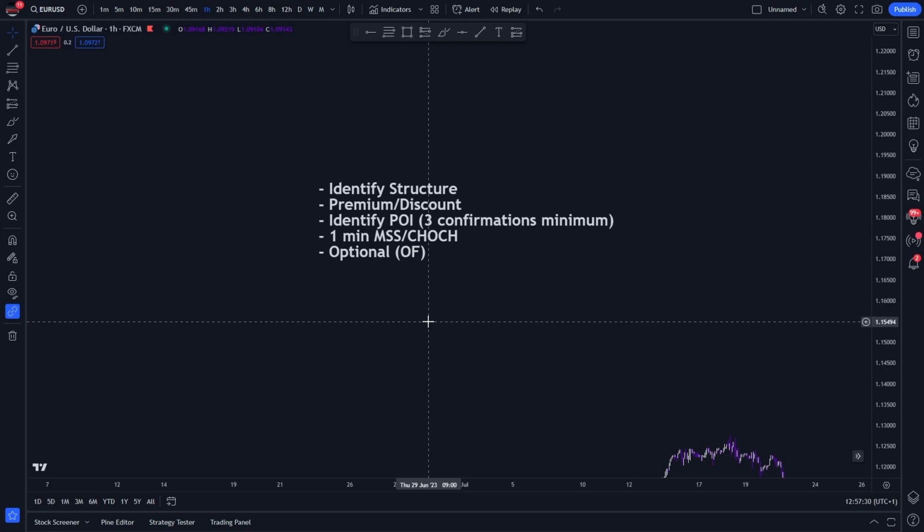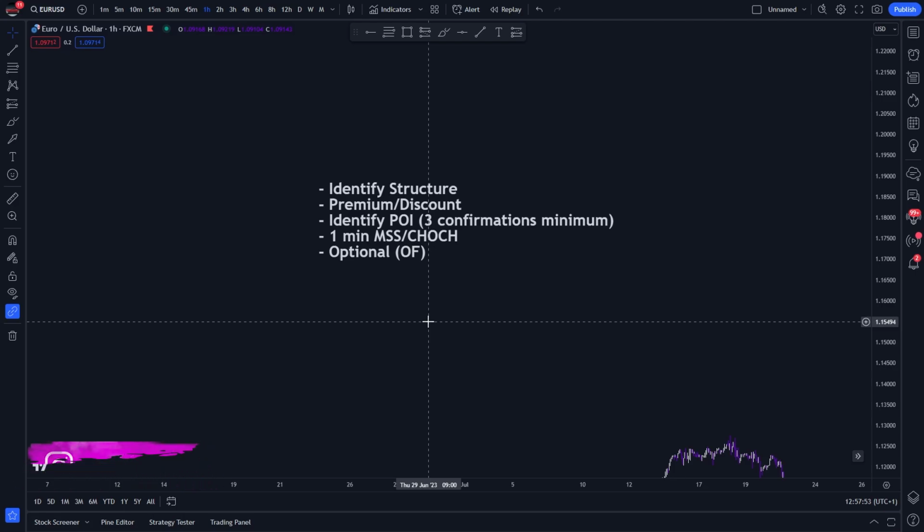Now, every single one of you is going to have your own 3 different confirmations. I will give you my 3 confirmations, no problem, but it doesn't really matter as long as you have your own 3 confirmations that you believe actually work. After that, where my strategy differs from everyone else's is that after we tap into my point of interest, I'm dropping down to the 1 minute time frame and waiting for a change of character or a market structure shift.